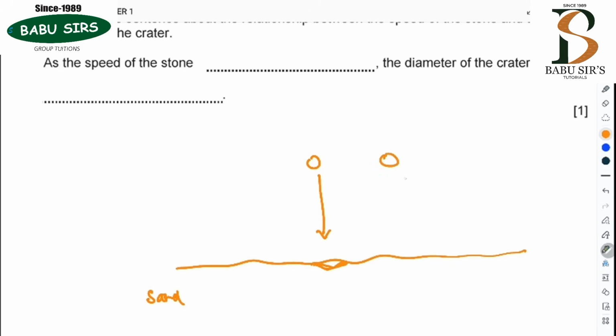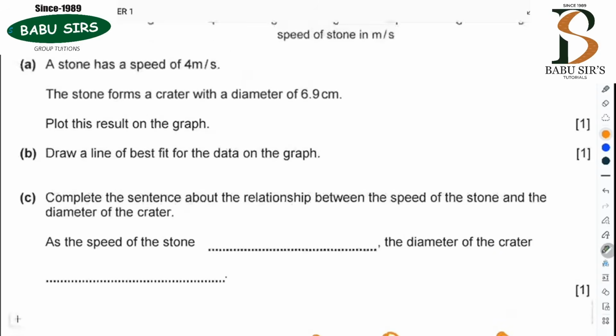And then she is dropping the same thing with more speed, and again a bigger crater is formed. Then again the same thing with more speed, so you will get an even bigger one. So as the speed is increasing, the crater size is increasing.